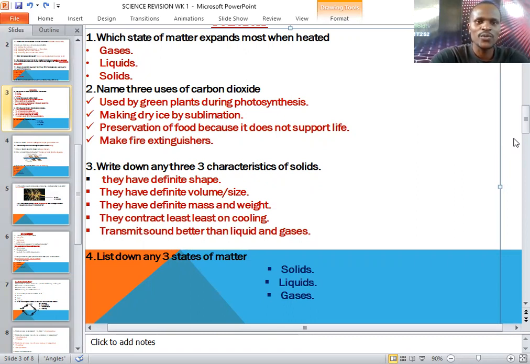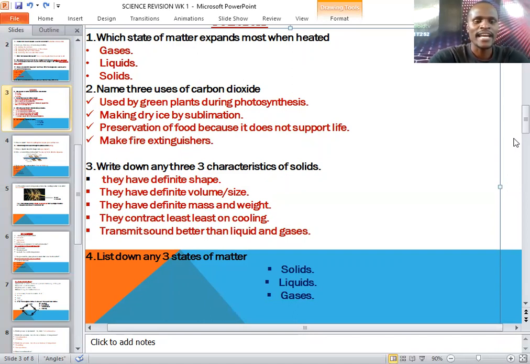Number 2, name 3 uses of carbon dioxide. You're supposed to give us 3 uses of carbon dioxide. I've given you 4 of them. 1, carbon dioxide is used by green plants during photosynthesis. When they are making their own food, they use carbon dioxide. Then we have making dry ice by sublimation.